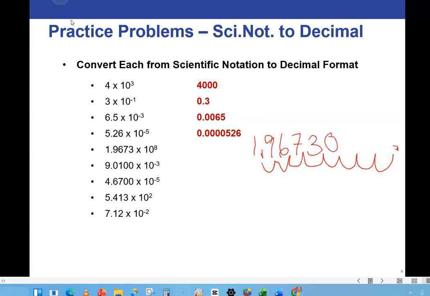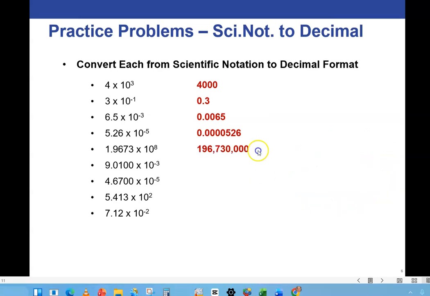And we have to fill that in with the appropriate number of zeros. And you can see this is a very large number. We now get rid of the decimal point. I'll rewrite it with the appropriate number of commas. So it's 196,730,000.